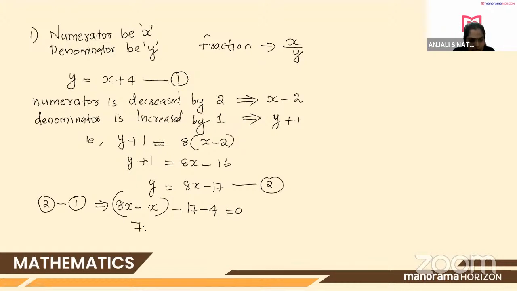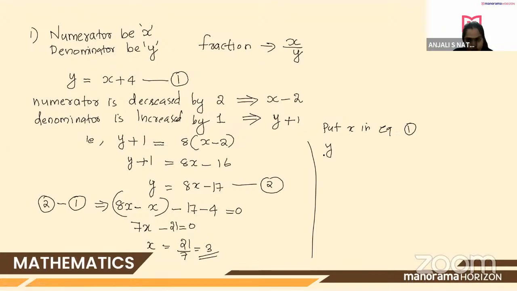So from this 7x minus 21 is equal to 0 and x is equal to 21 by 7, which is equal to 3. So we got the numerator which is equal to 3 and we can put this value of x in equation 1 and we get the value of y. Y is equal to x plus 4, so that is equal to 3 plus 4 is equal to 7.